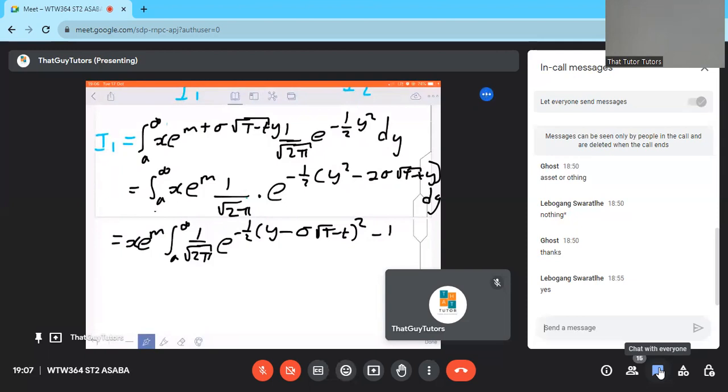Again, they are going to square, so you can have sigma squared (T minus t).